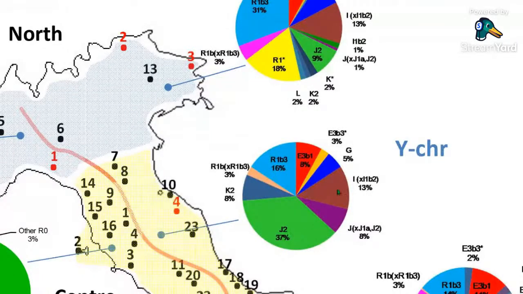I is Israel. Of course, this is J1, J2. Could be either Arabic or Israel. So from here to here, basically 2/3 of the population in Italy, or almost 2/3, not quite 2/3, is Israel and Judah in Italy.